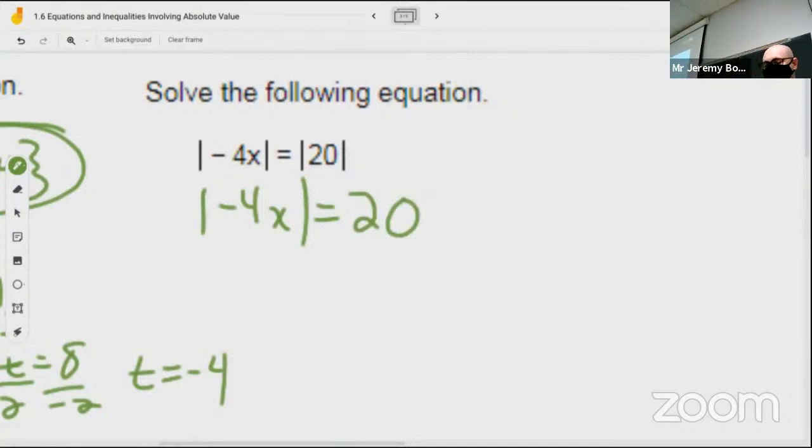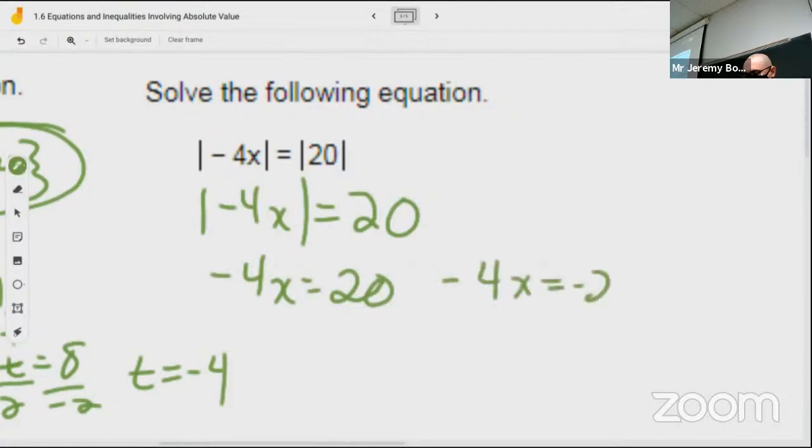And so now that we have the absolute value isolated by itself on one side, equal to some constant, we're going to make this negative 4x is equal to 20, or negative 4x is equal to negative 20.